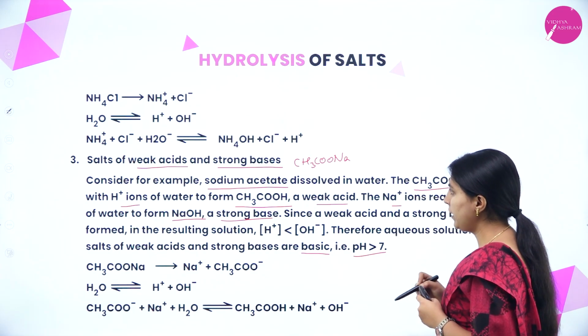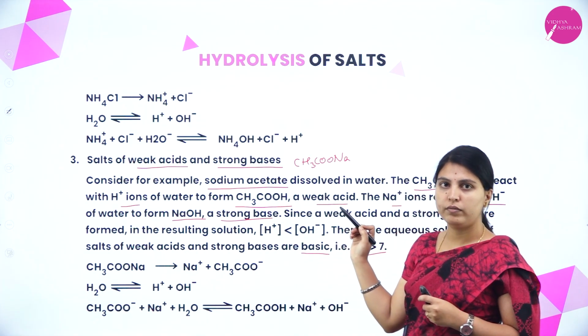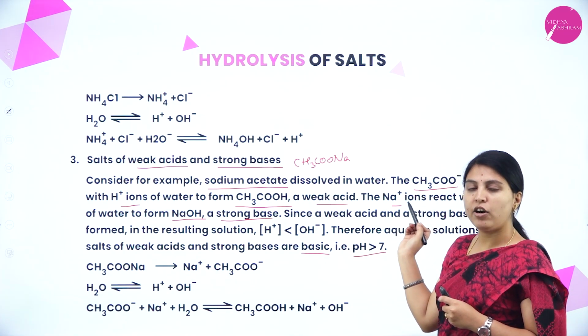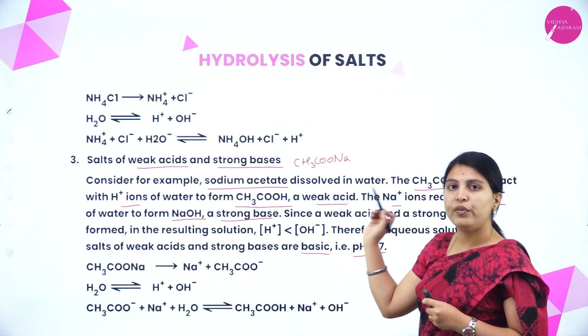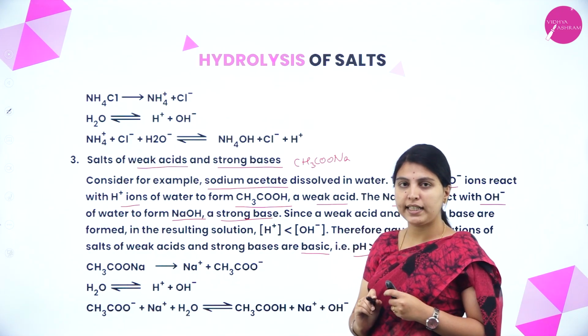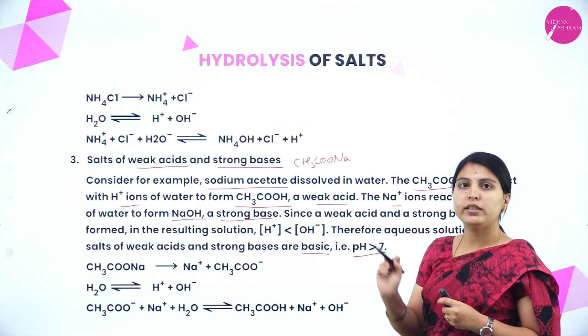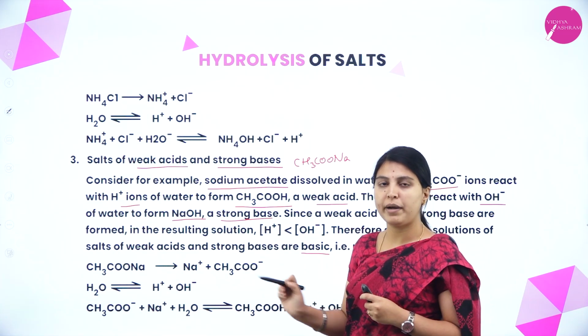Once again, I am explaining. Sodium acetate will be dissolved in water, a salt of weak acid and strong base. Here, acetate ion and sodium ion will separate. Acetate ion will react with H+ ion to form a weak acid, that is acetic acid, and sodium ion will react with OH- ion to form a strong base called sodium hydroxide.